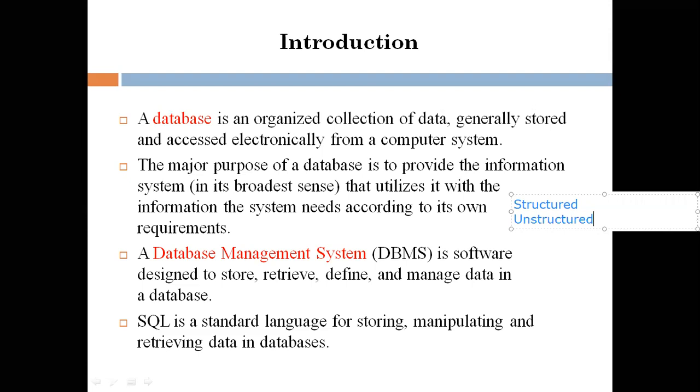Or let me take this example. I just want to create a table to hold information about your section. In this case, my table will hold columns. My table will have columns like name, AUID, user number, email, mobile number. So this is how my table will look like.